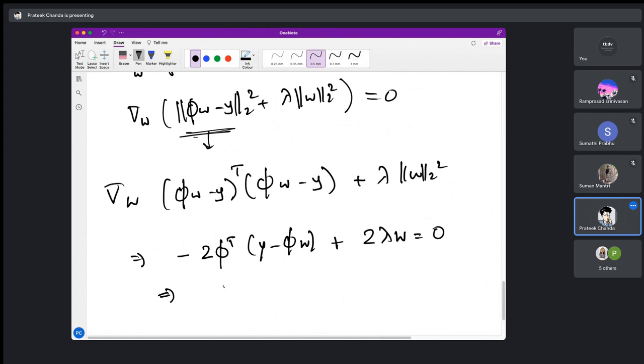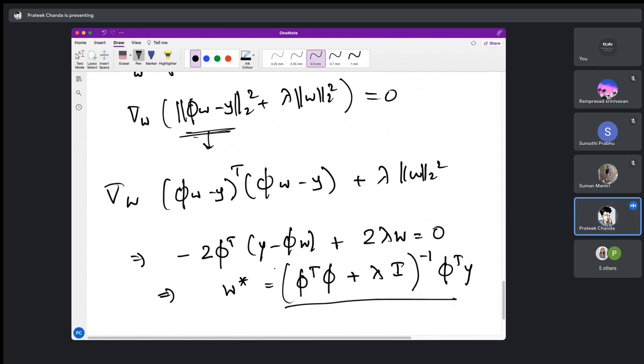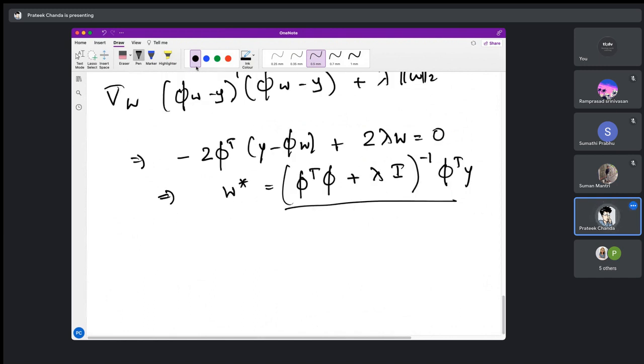And so W star is equal to phi transpose phi plus lambda I, inverse, phi transpose y. Yeah, so let me recheck once. Yeah, so now this is my expression for the optimal value of W star.